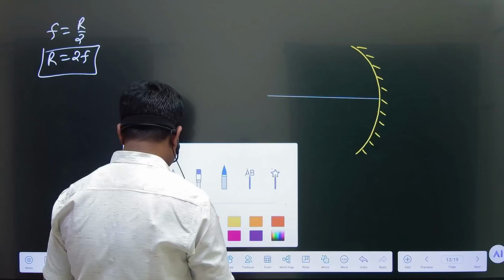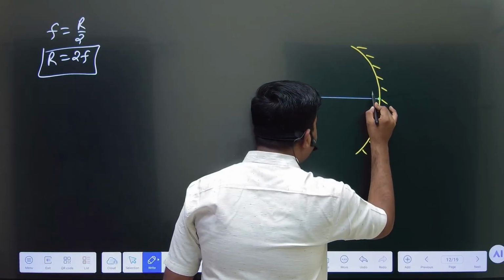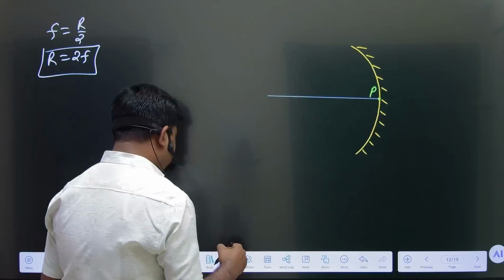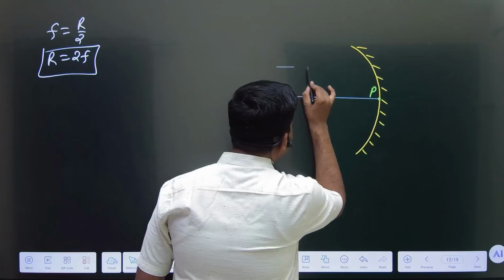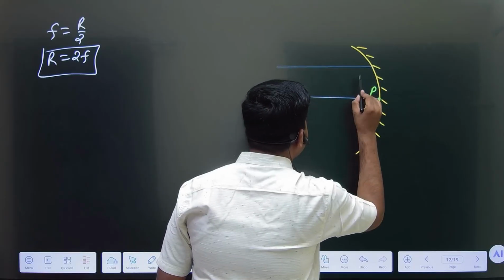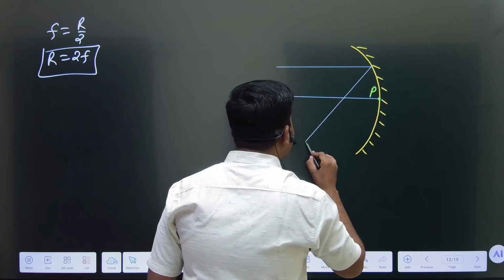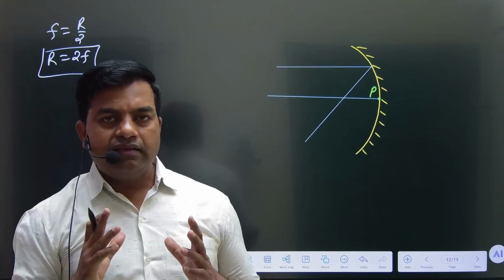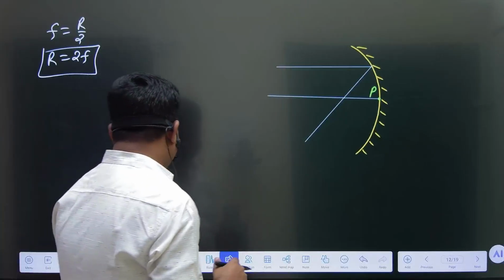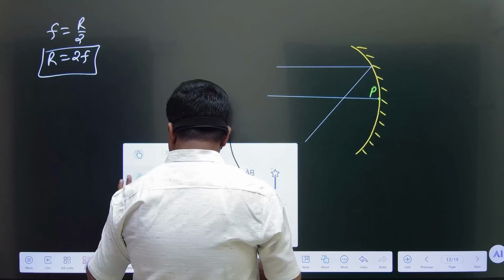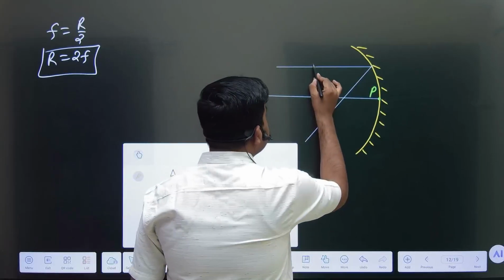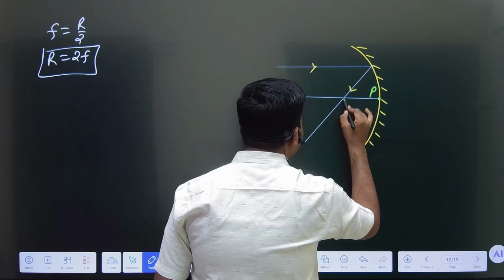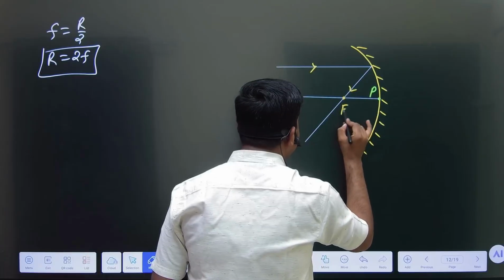A light ray incident parallel to the principal axis of the mirror passes through the focus after reflection from the mirror. This definition is true only for paraxial rays. What are paraxial rays? The light rays which are incident very close to the pole. This information is very important: the light rays which are incident very close to the pole are called paraxial rays.